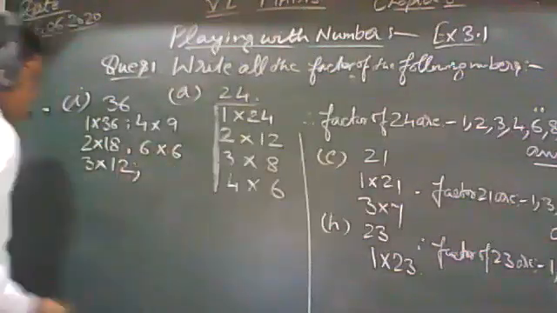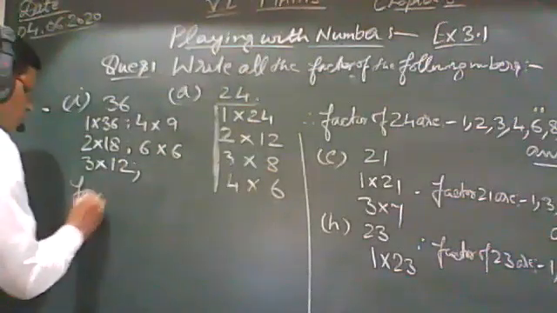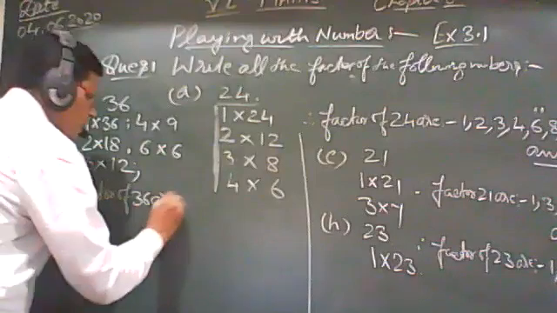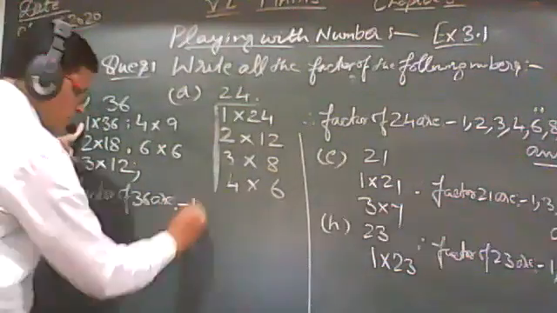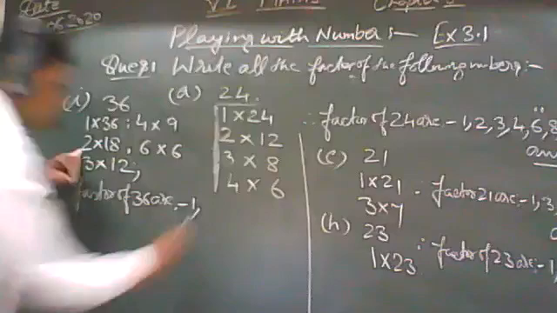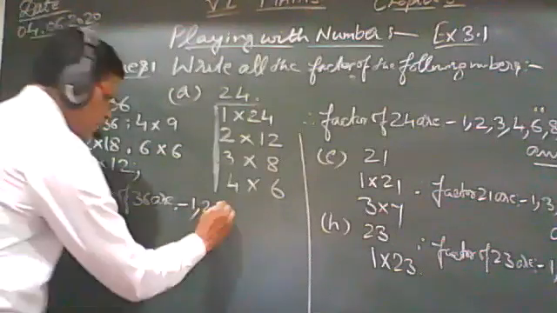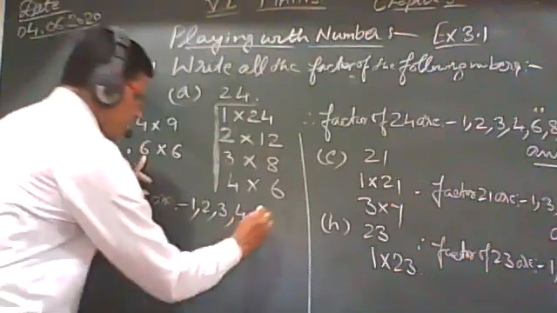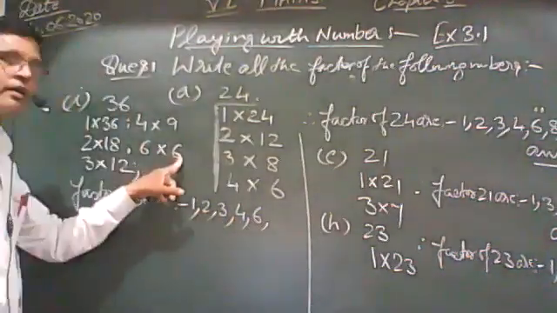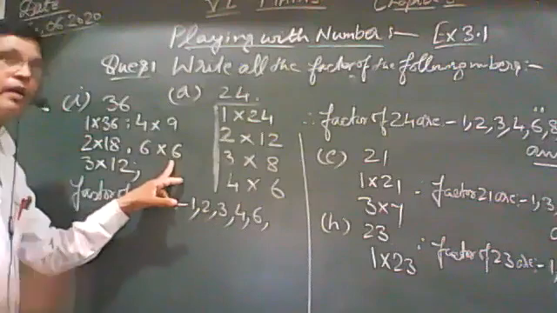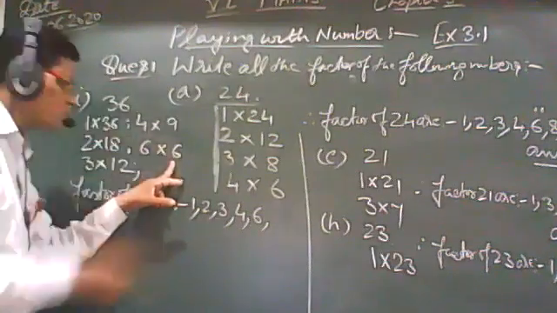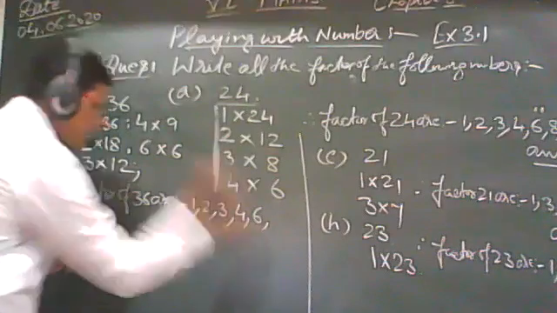Now we write the factors of 36. Factors of 36 are 1, 2, 3, 4, 6. 6 is already coming, therefore you cannot write it 2 times. You cannot write a number 2 times if the number is already there.